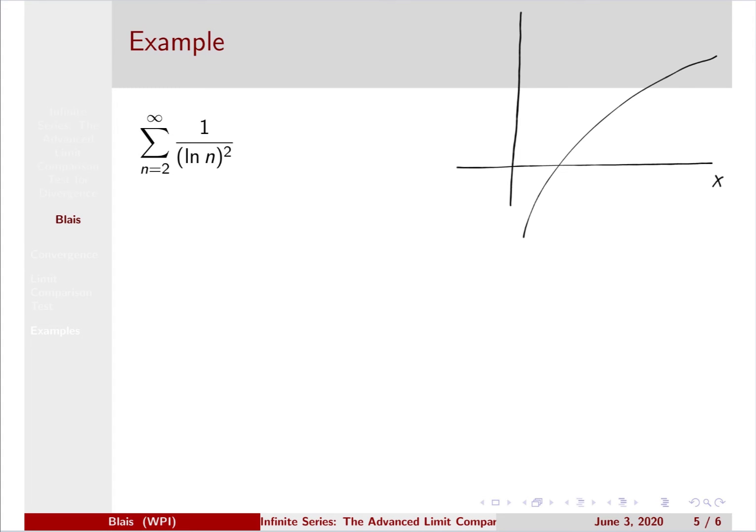If we draw the graph of y equals natural log of x, we get something like this, and we know if we plug in the natural numbers, we get the terms from our sequence if it were 1 over the natural log of n. But we have 1 over the natural log of n squared.